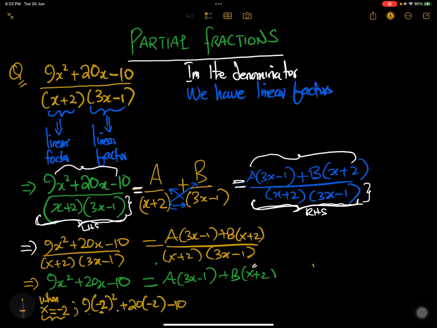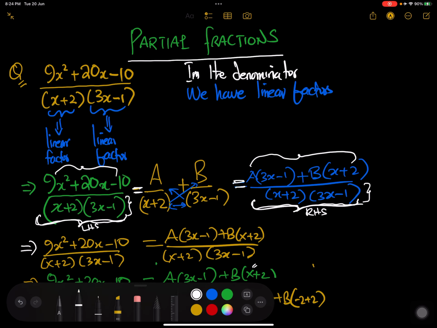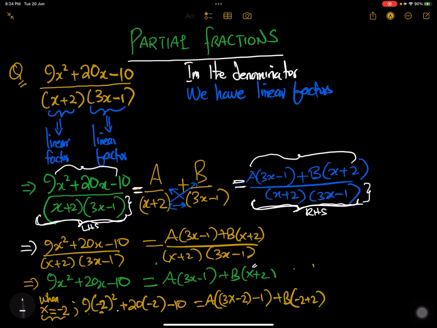That is going to be equal to a into 3 times -2 minus 1 plus b into -2 plus 2. And when that happens, we are going to get 9 into 4, because -2 squared is the same as -2 times -2, and that gives us plus 4.